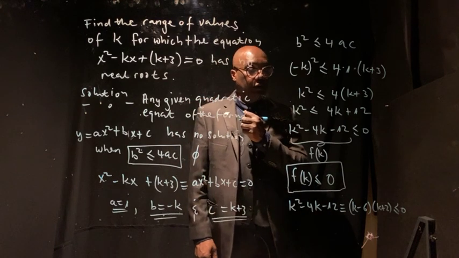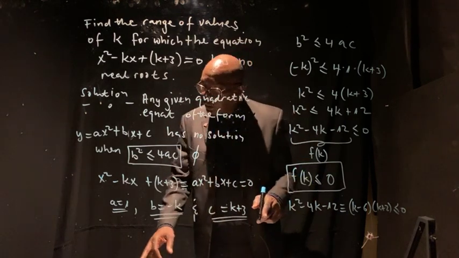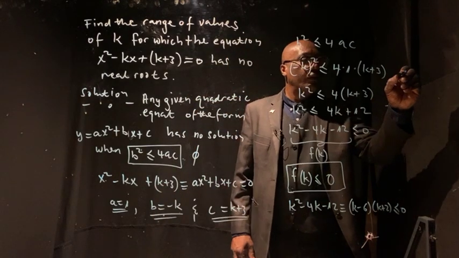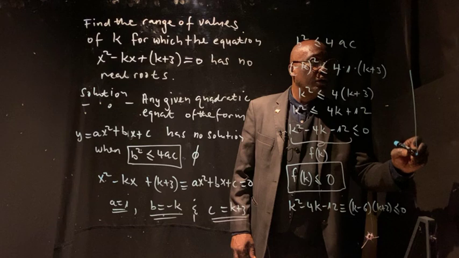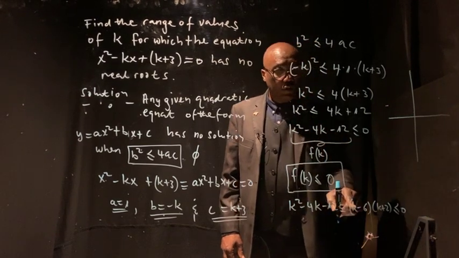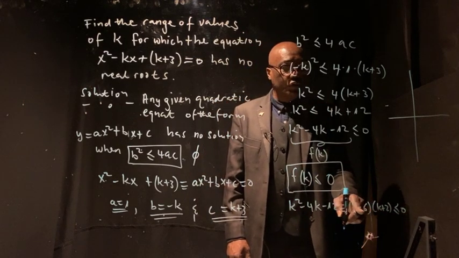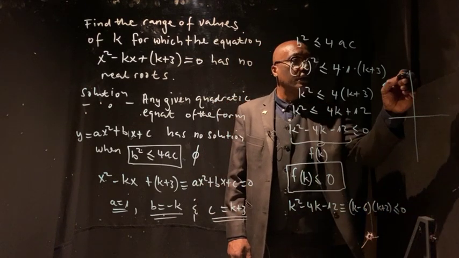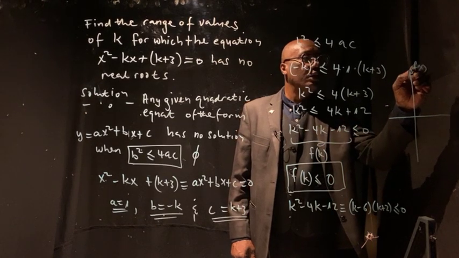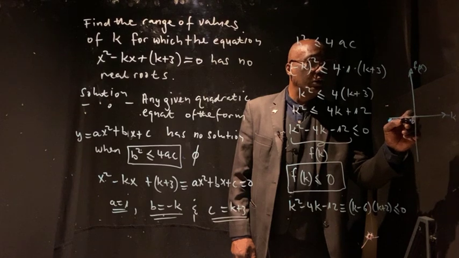So if we are going to plot this graph, which is going to be like this, the factors of k, when f of k equals 0 on the k axis, this is y or f of x, and this is k axis, and this is the origin.